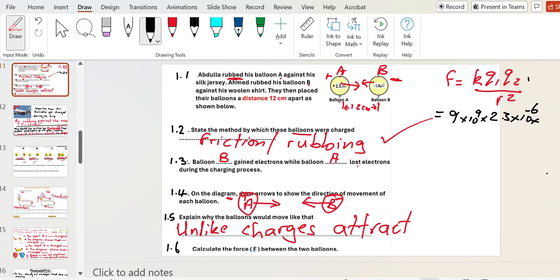What is Q2 there? Is it 3? 3 times 10 to the power minus 6 divided by R, which is 12 centimeters, 0.12. Tell me when you put in your answer. I told you the force is in newtons. I told you how to put numbers in the calculator, okay? Tell me the answer when we go to school or on my WhatsApp.